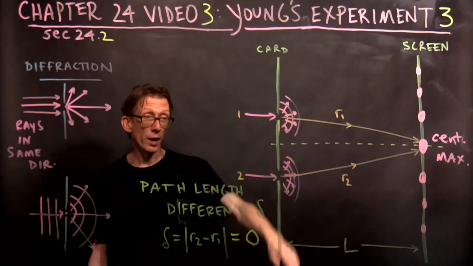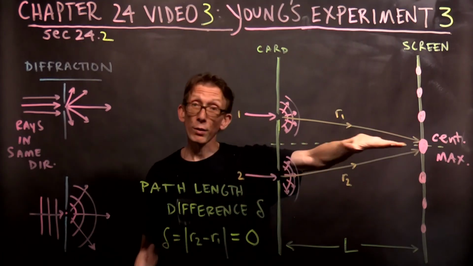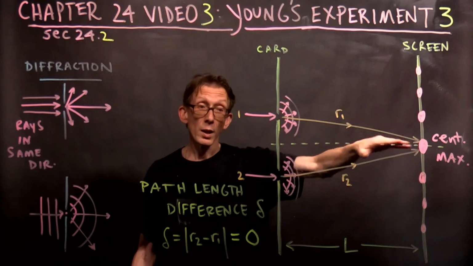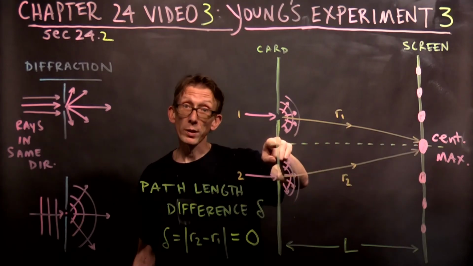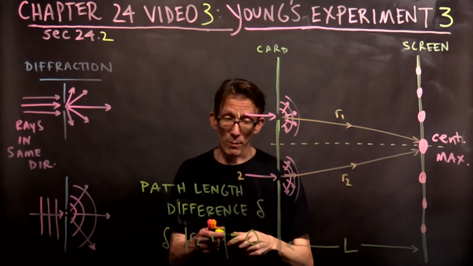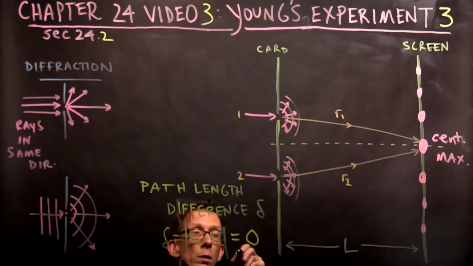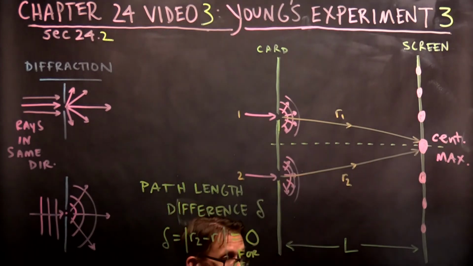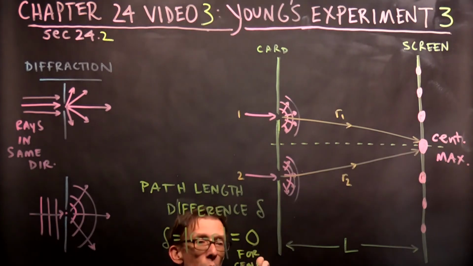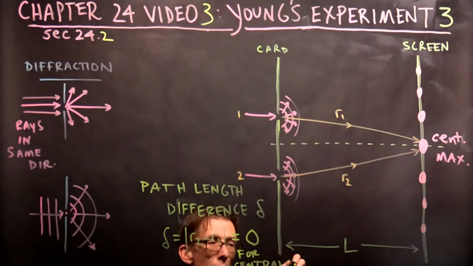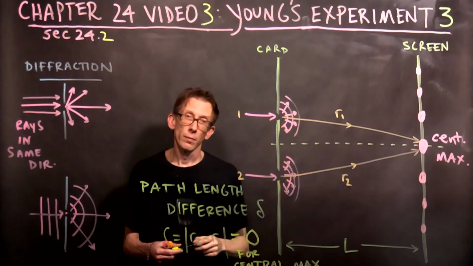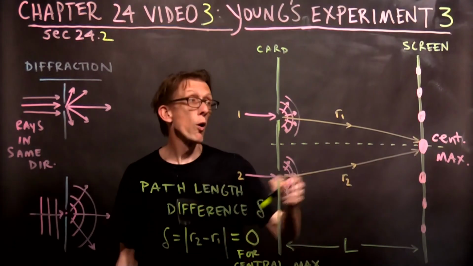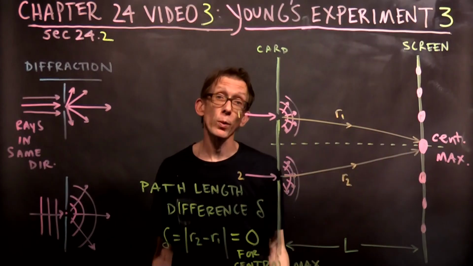The dotted line is perpendicular to both the card and the screen, and it runs from the point between the two slits. That 0 is for the central max. But it is not 0 for any other point on the screen.